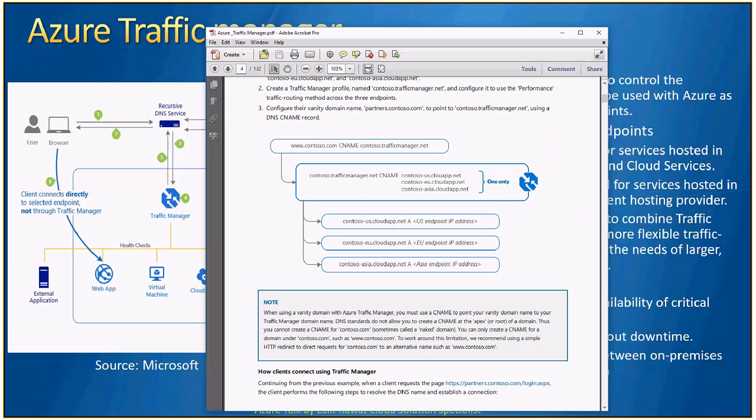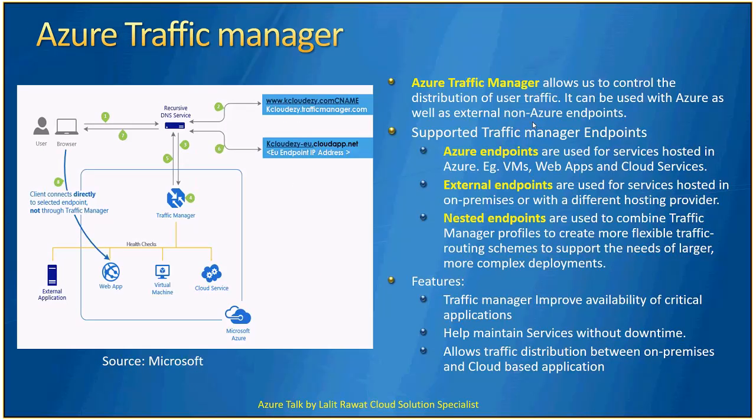All right. Yes. Well, thank you. So now we have discussed Traffic Manager, and this is another diagram. If you browse any application, the request goes to the recursive DNS, which searches for this particular website, and based on your configuration it is routed to Traffic Manager. Then Traffic Manager has to choose where to route the traffic. If it is performance based or region based, it routes the traffic to the particular websites.